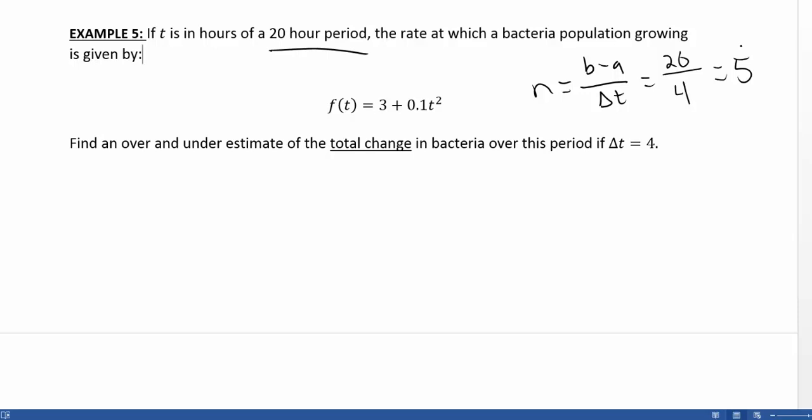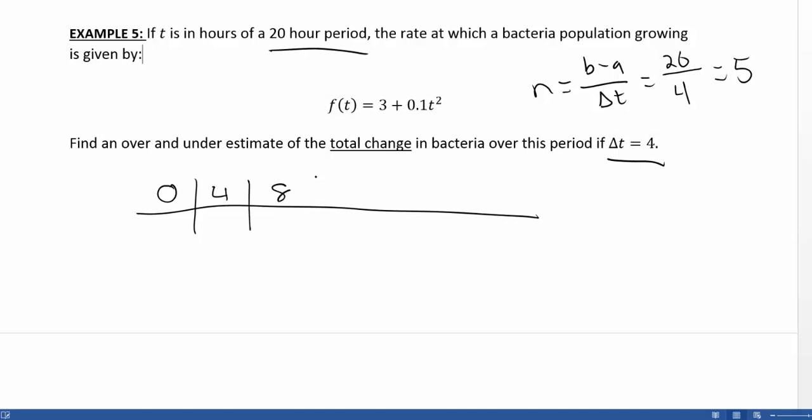So what we need to do now is we need to set up a table so that we can find the left and the right hand estimates. And since delta t is 4, we're counting by 4s. So 0, 4, 8, 12, 16, 20. It's a 20-hour period, so we stop there. So remember, we put our independent variable on top and our rate in the bottom, right?